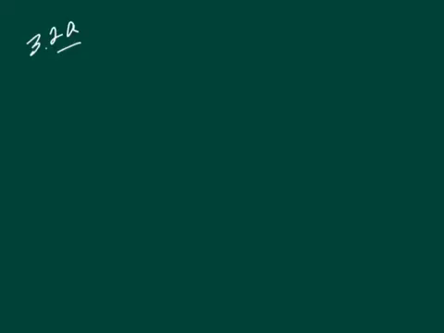This is lesson 3.2a. It'll be the first of several videos in elementary algebra called graphing linear equations in two variables. So when I say in two variables, that means if I have something like this, we have two variables. We have an x and a y.